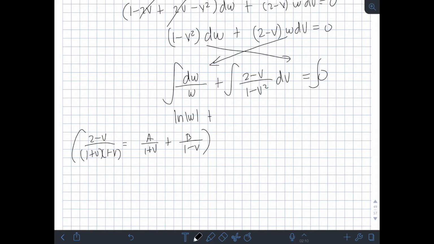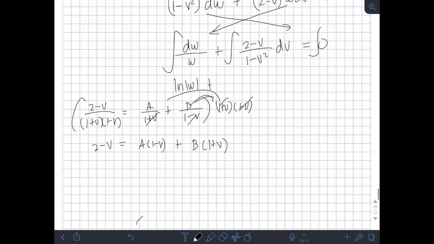Multiply both sides sa LCD, 1 plus V times 1 minus V. We have 2 minus V is equal to, distribute, cancel dito si 1 plus V. So, A times 1 minus V plus, ito sa B, makakancel si 1 minus V. So, B times 1 plus V. So, set na lang tayo ng value.